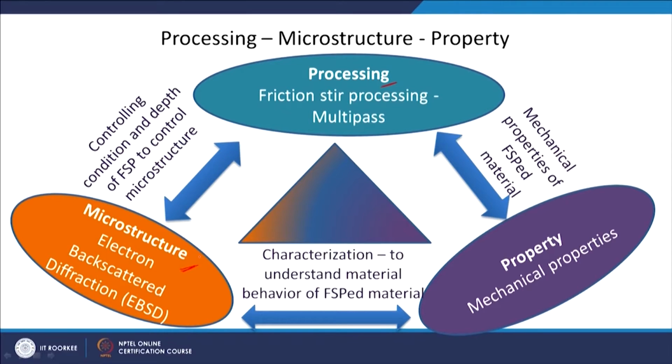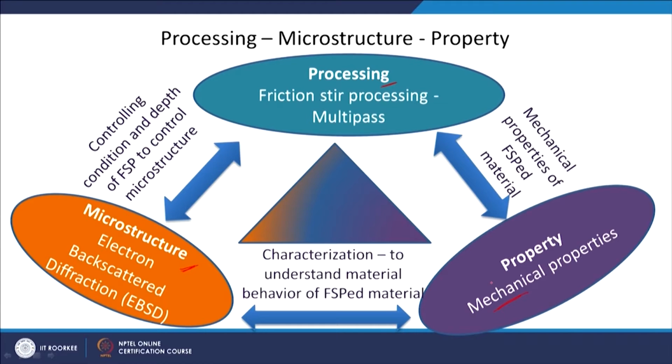So, there will be a change in the microstructure. You can use certain techniques to characterize the microstructure. And the property which you are going to check is usually mechanical property, because we are looking upon structural materials. So, that will be there.